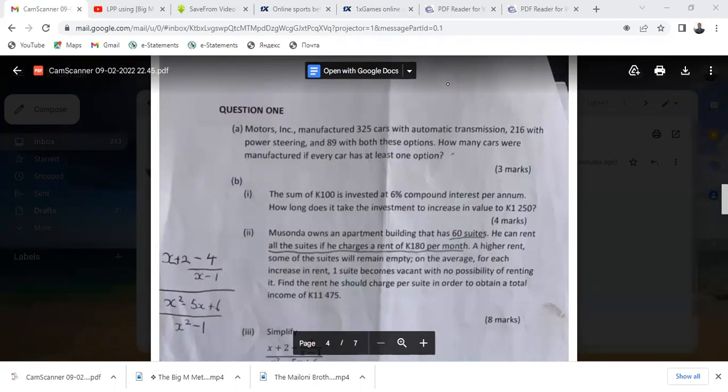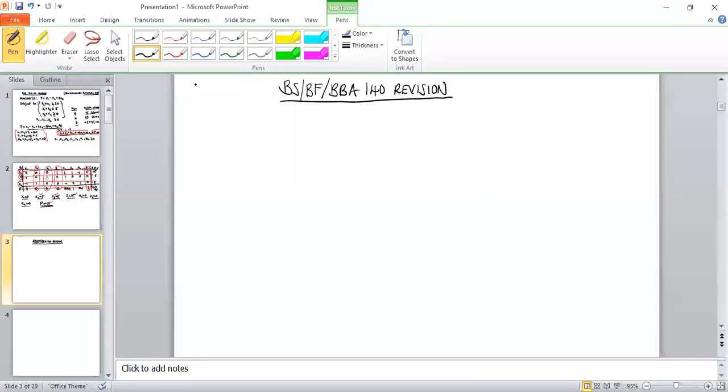So it's either we use the formula. So we have power steering. Those that had power steering, there are how many?